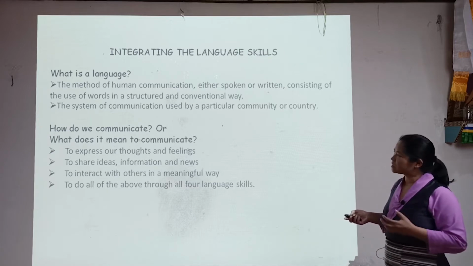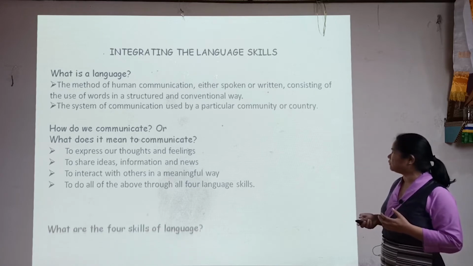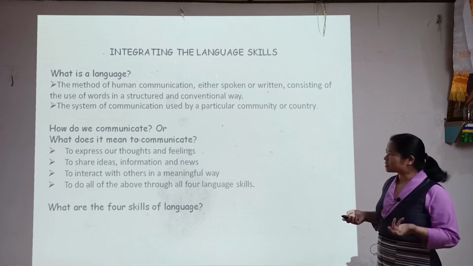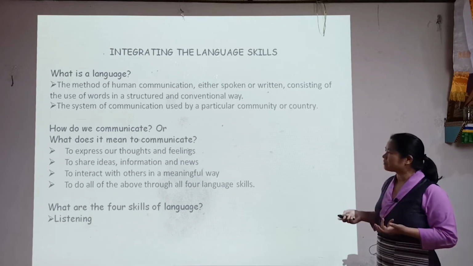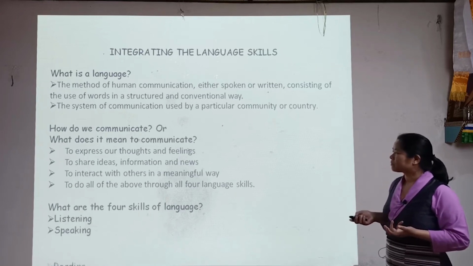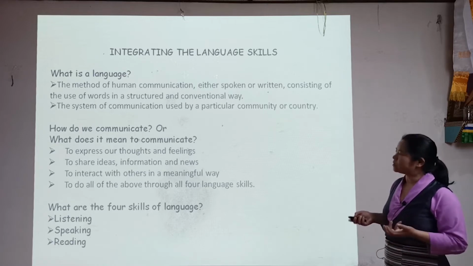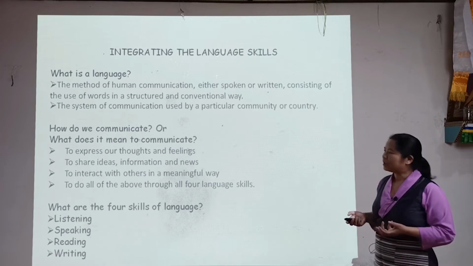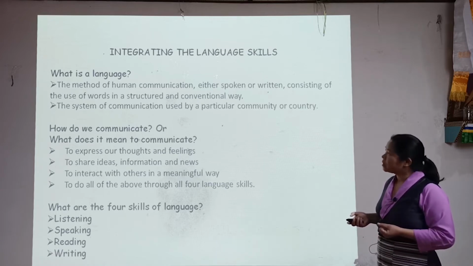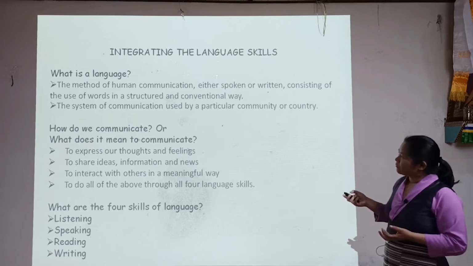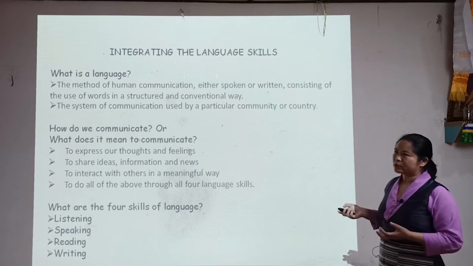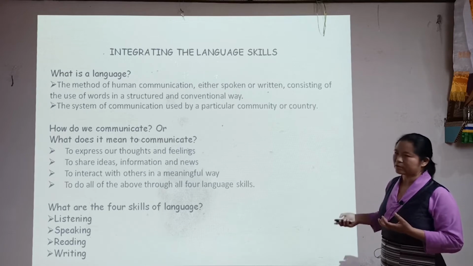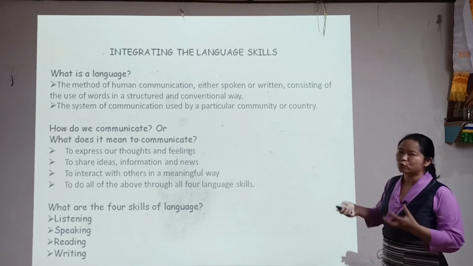Next question is, what are the four skills of a language? We all know that there are four skills of language, which are listening, speaking, reading, and writing. Nowadays, people even say thinking is the fifth skill of language learning. If we want to learn a language, if we want to learn English, it is important for us to integrate, combine all these four together.